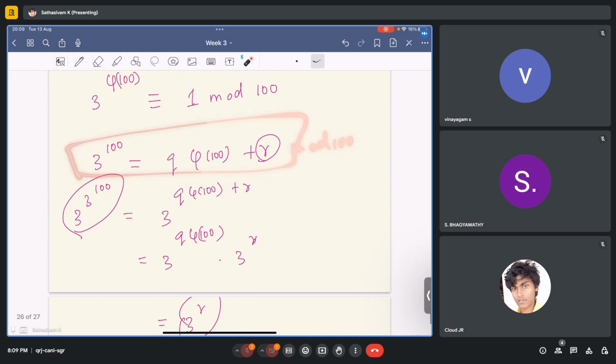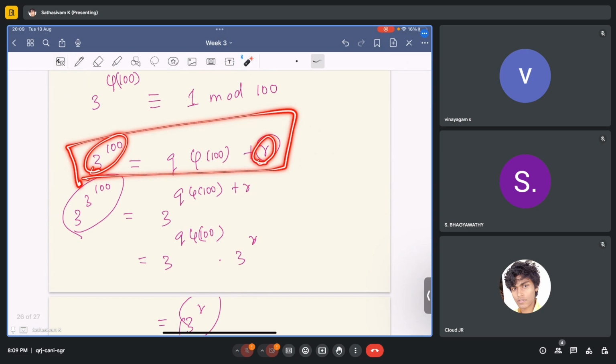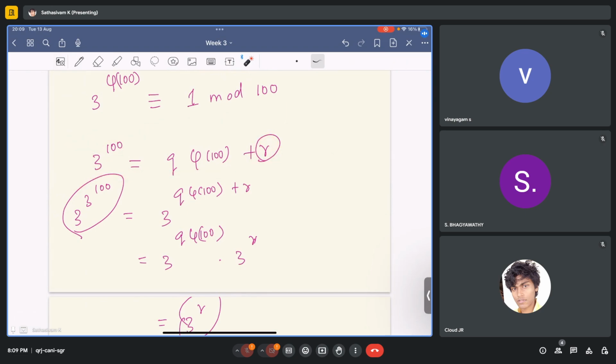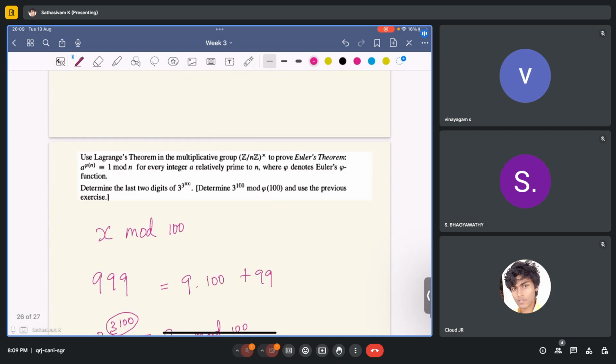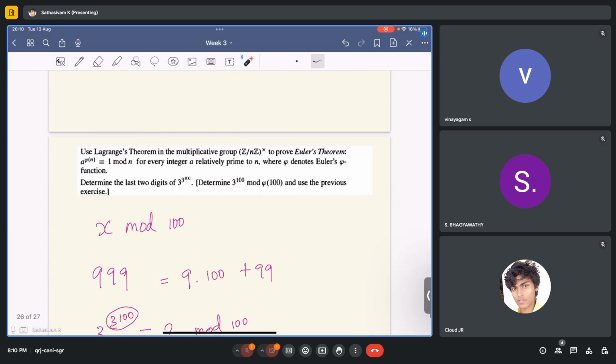So this statement basically tells you 3 power 100 and R have the same remainder, so they are congruent mod phi of 100. Oh, sorry, not mod 100, mod phi of 100. So that is the kind of hint that he is telling. This is the hint he is telling: determine this particular number and use the previous theorem.